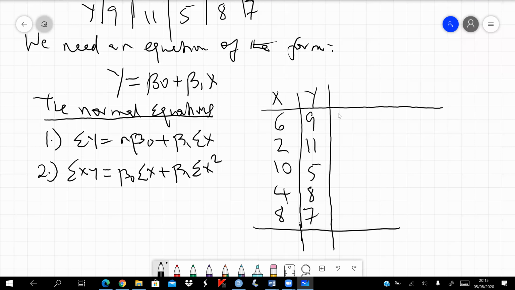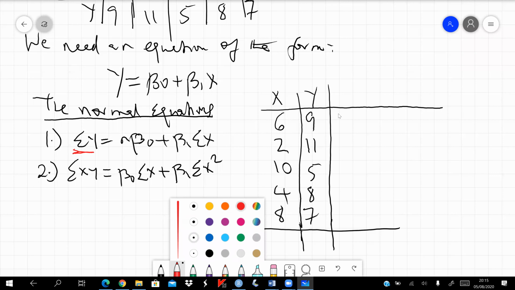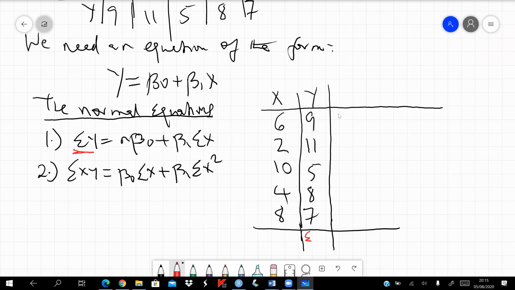The first value I need is summation of Y. You come to your data and sum Y. So this will be how much? 40. 40, thank you.